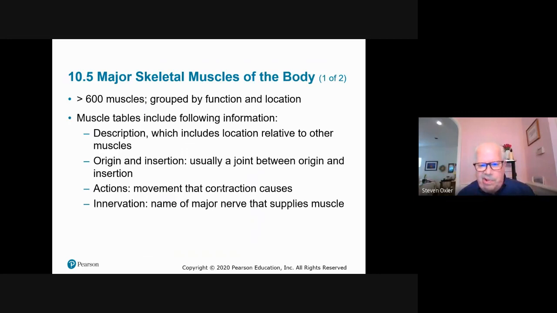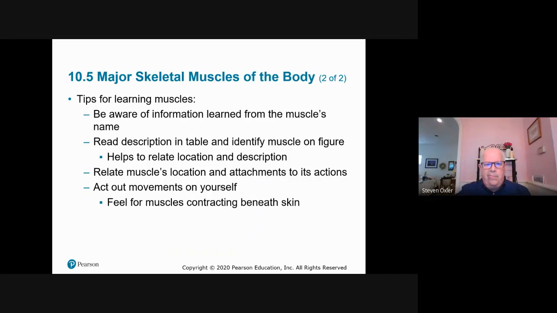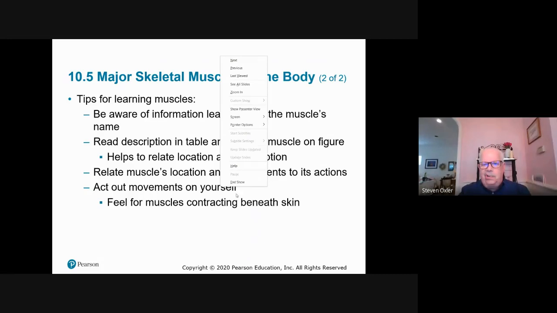You don't have to know the innervation, the origin, or the insertion. Tell me the function. On exam number 4, I'm going to give you a muscle and you're going to tell me the function. So basically, that is chapter 10.